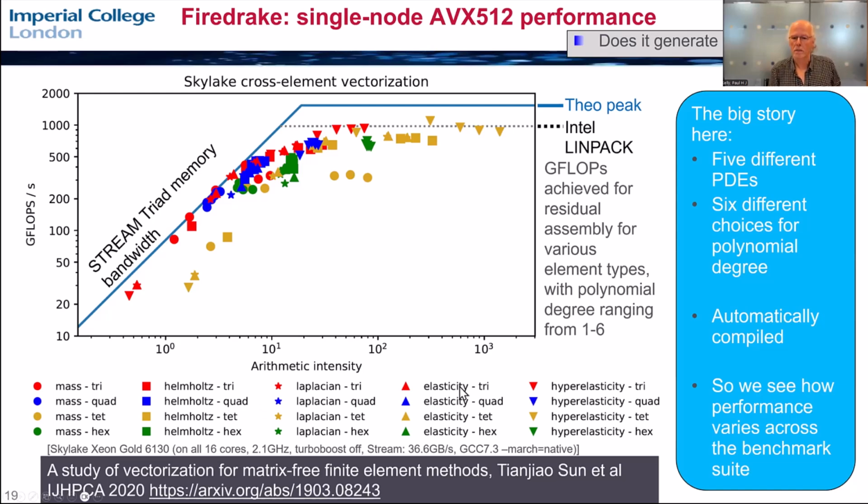And for each of those points, we have 6 versions of them for polynomial order, ranging from linear all the way up to a polynomial order of 6. So, for example, these orange ones up here are different polynomial order implementations of hyperelasticity on tets.